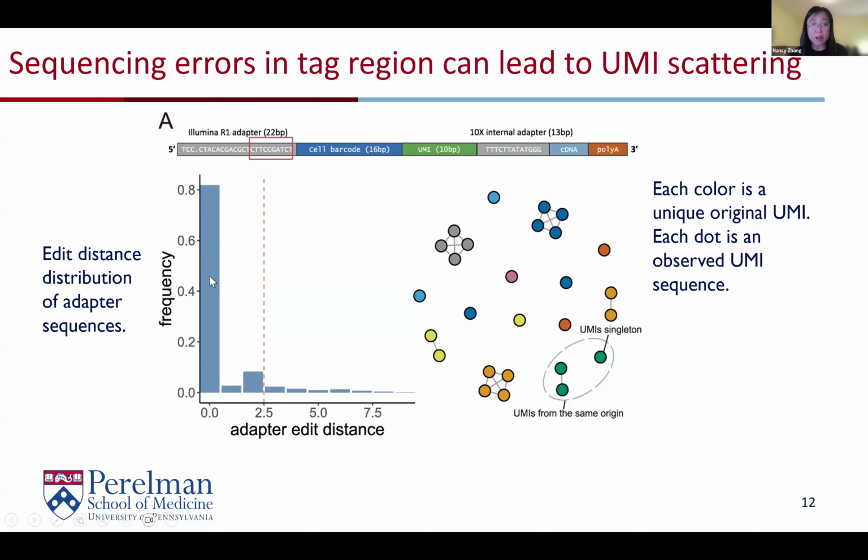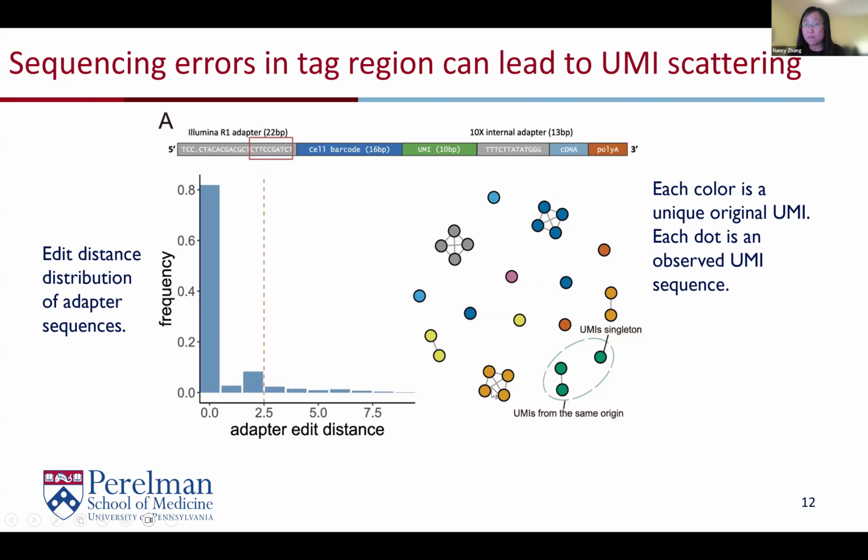For your experiment, we can get a rough estimate because we can extract the Illumina R1 adapter sequence, which we know, and which is easy to find. We look at how many different versions of that adapter sequence there are in your data and compute the edit distance. That gives you a sense of what the error probability is. Then we can simulate data to see how much UMI scattering there is.